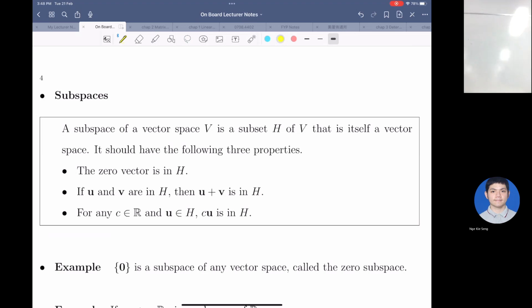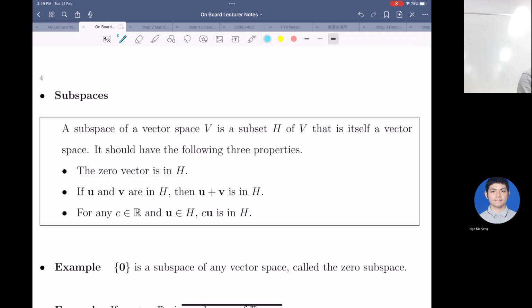So why do we have these three conditions here? Because we want to make sure that the subset is still a vector space. So inside a vector space, you still have a vector space, not any arbitrary set. For example, at the start of the class, we had a vector space R2.